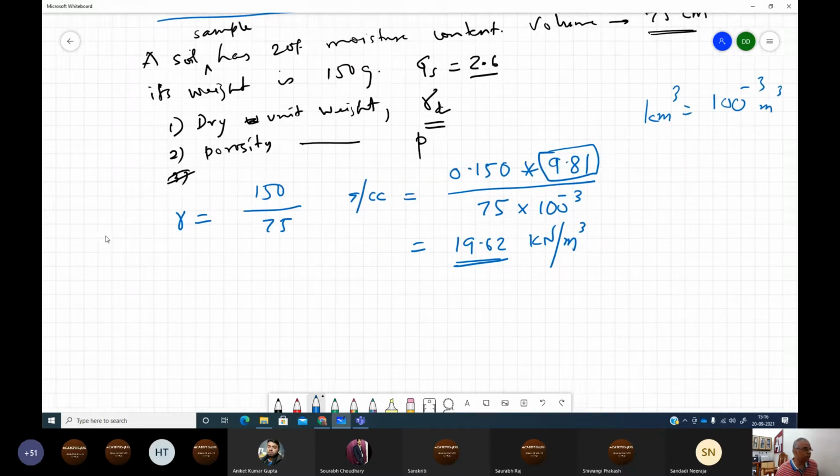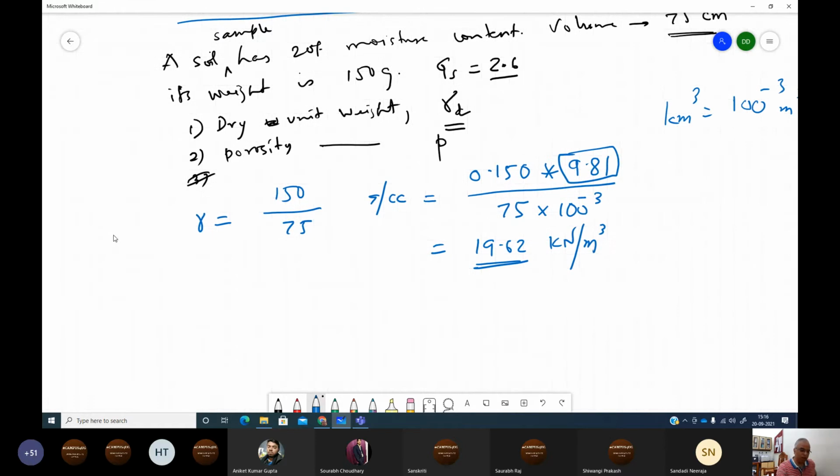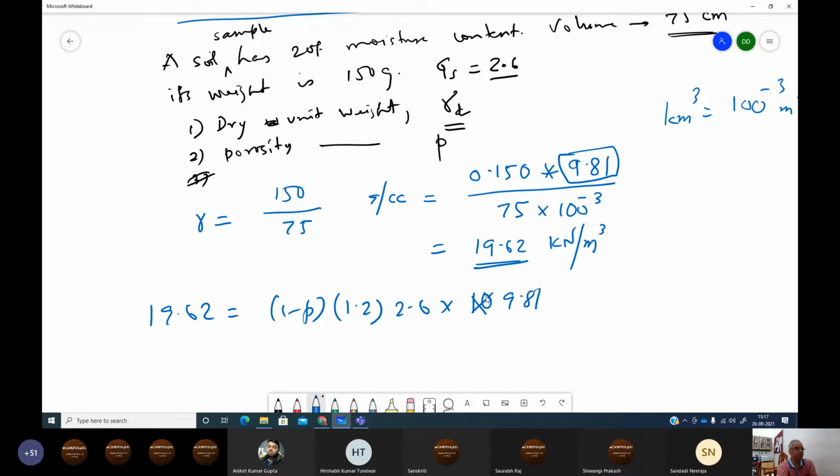So now that formula is 19.62 equals (1 minus P) into 1.2 into GS, which is given, into gamma W. Now you can use 10 kilonewton per meter cube or 9.81 or whatever, sorry. 9.81 you will use, not 10, because this is the 9.81 I have used.